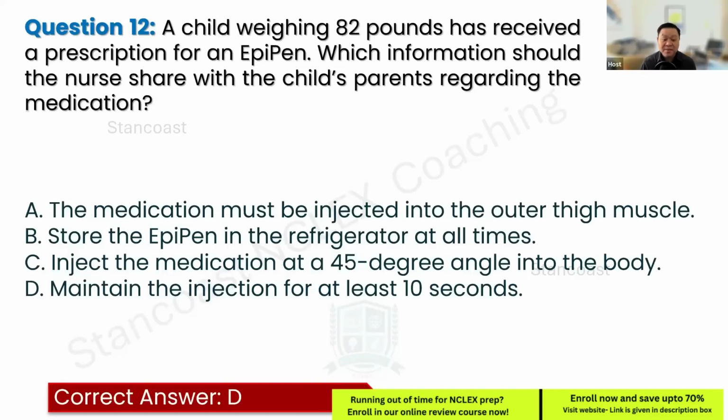It's not the focus of the teaching compared to the duration of the injection. For letter B, the EpiPen should not be kept refrigerated. It needs to be kept at room temperature and with the individual who may need it. And letter C is also incorrect because the correct angle for injection is 90 degrees, not 45 degrees.